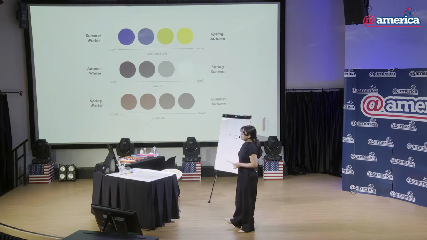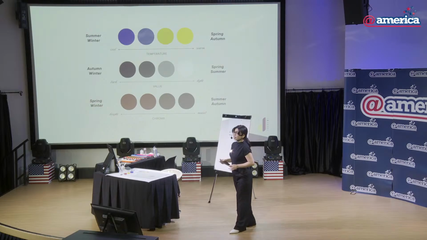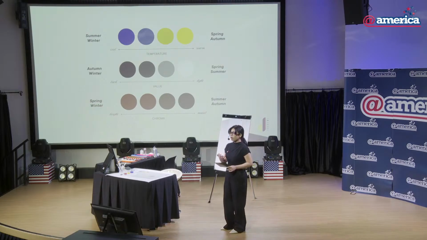One, we have temperature, how warm or cool a color or even our undertone is. Secondly, we have value, how light or dark a color is. And then lastly, we have chroma or saturation, so how strong a color is, how pure a color is. And we're going to be diving into the very details of these three tonight.